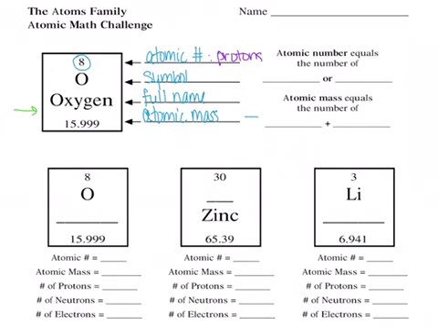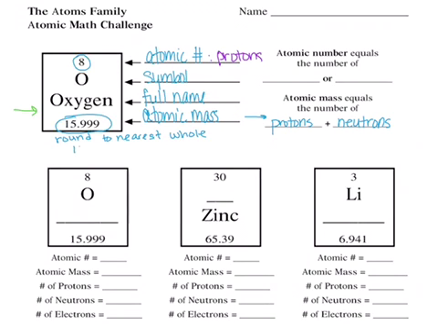The atomic mass is the number of protons plus the number of neutrons. When you see a decimal number down here, you have to round it to the nearest whole number.